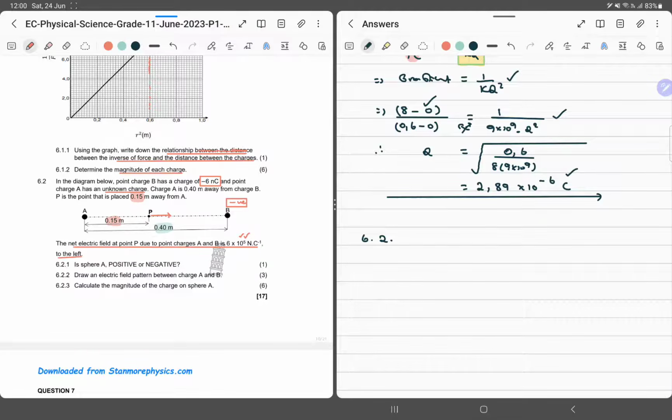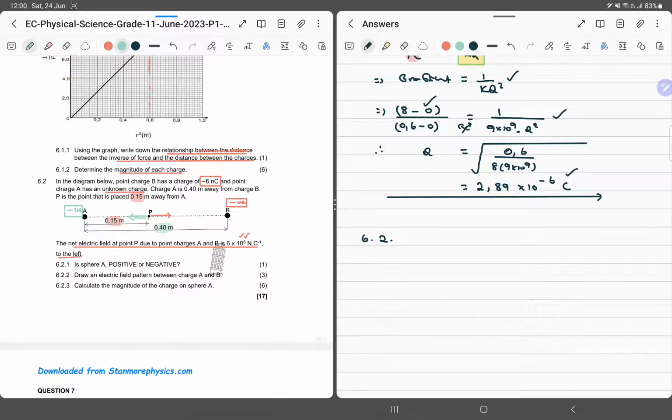At point P. So this will be exerting a force towards itself from point P. And if this is going to the left, it already says to us that other charge should also be negative, but it must have a bigger magnitude than this one, because then it pulls the electric field towards itself. Or at least the electric field strength is towards that charge. So this must be a negative charge as well for that to happen.